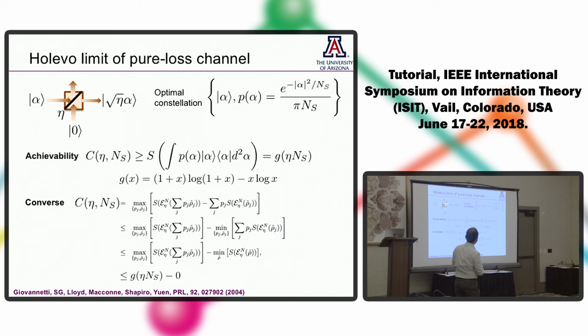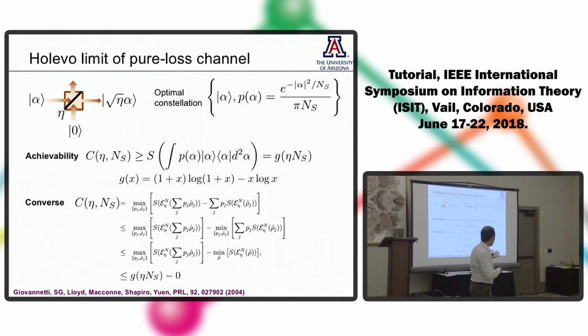And the mean photon number, if I put in ns photons, I'll get eta ns photons regardless of what state I actually used. The minimum of the second term, the average of the von Neumann entropies at the output, can be lower bounded by the minimum output entropy of the channel. And since putting vacuum in gives vacuum out, which has entropy 0, the minimum is trivially 0, so that's what got us the capacity, which exactly matched the achievability.